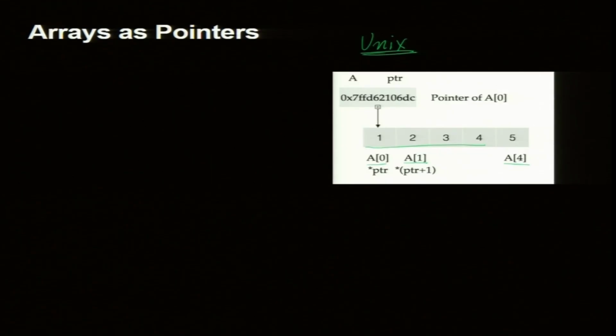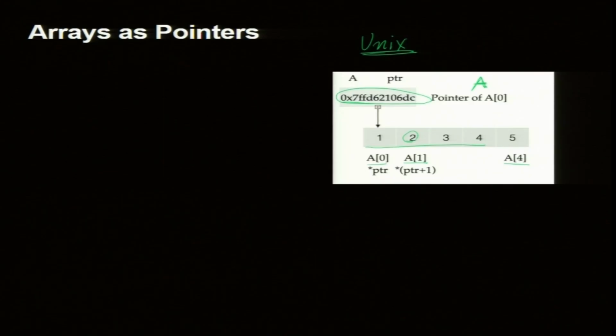But when you say just A, it is a pointer to this first element, A0. A is in fact stored in consecutive memory locations. It starts from this address, and for my example, these will be integers, so 4 bytes later is the next one. This is how they are stored.